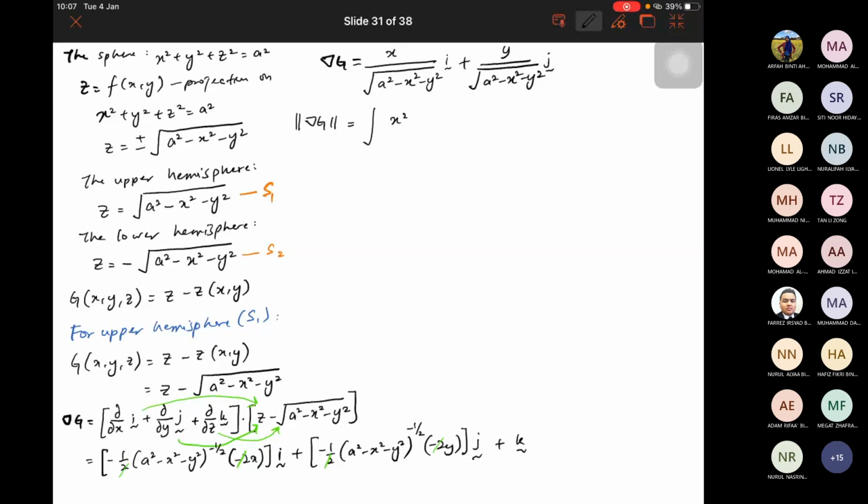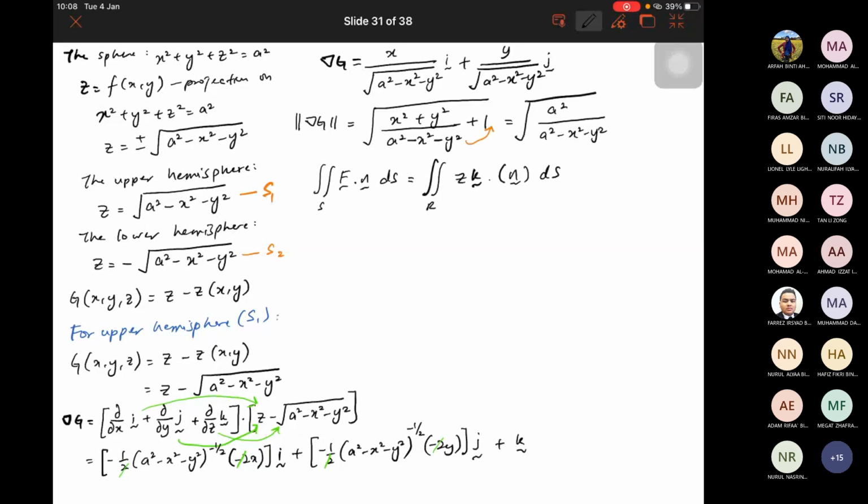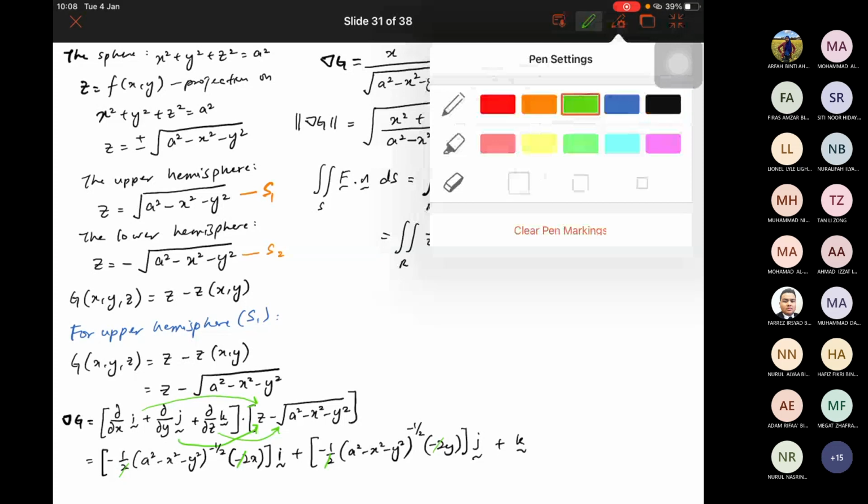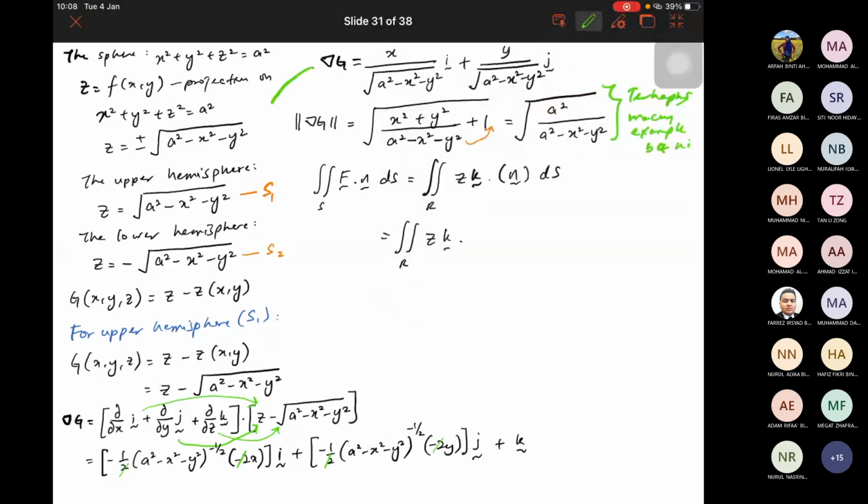So it will be equal to the integration over the bounded region R of zk having the dot product with the unit normal vector. The Euclidean length can be cancelled, like the previous example. So I directly copy this as the unit normal vector and put it into this equation.